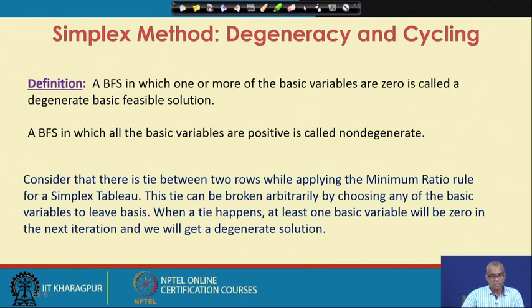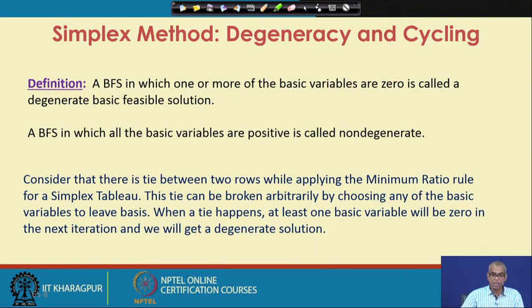Consider that there is a tie between two rows while applying the minimum ratio rule for a simplex iteration. This tie can be broken arbitrarily by choosing any of the basic variables to leave the basis.